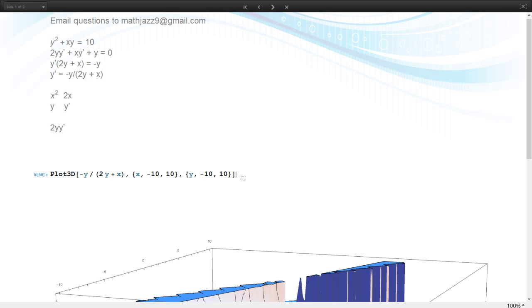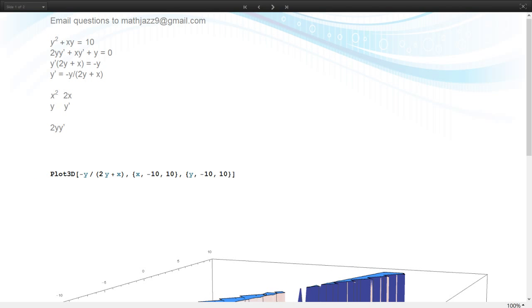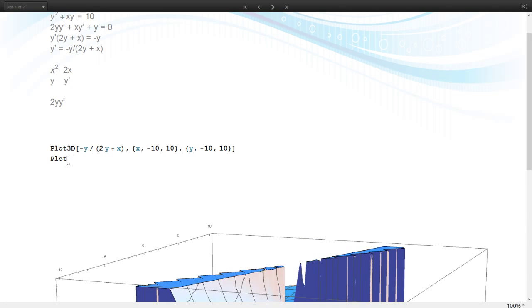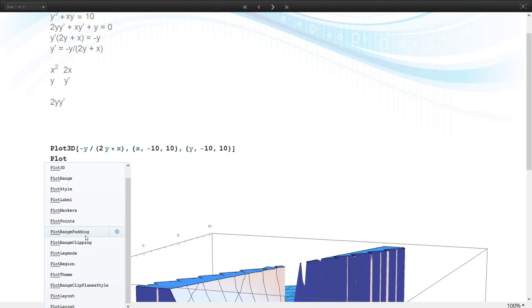And so if we were to graph this, maybe we have an implicit plot function. Plot. Let's see.